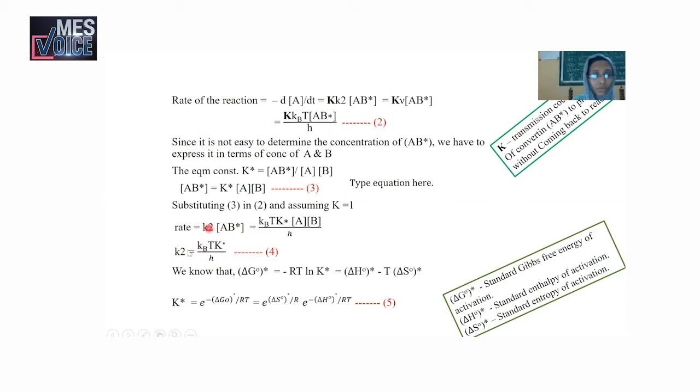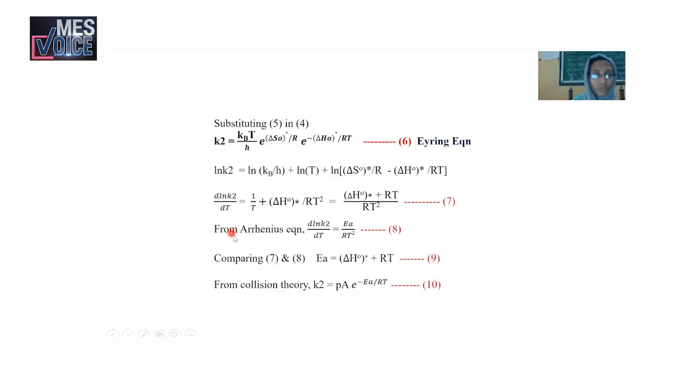It is a constant at a particular temperature. So k2 is equal to k_BT into K star divided by h.